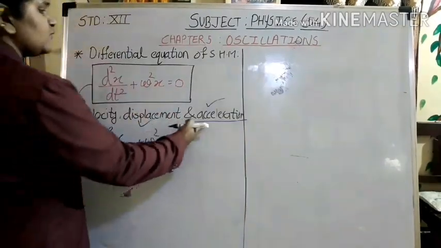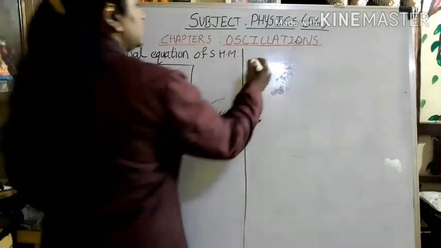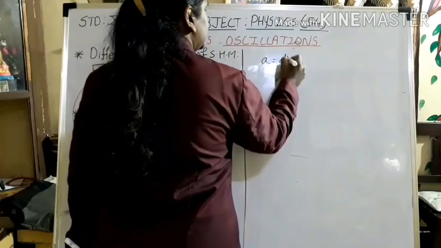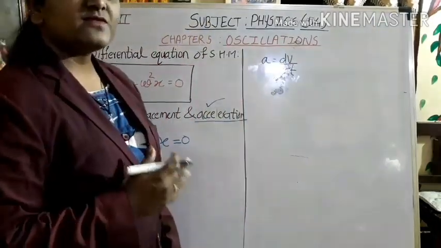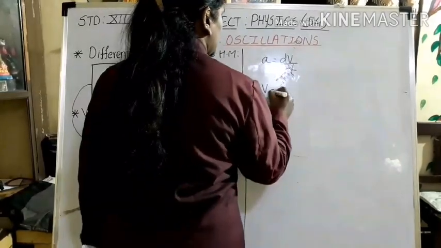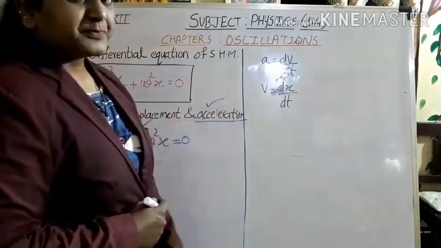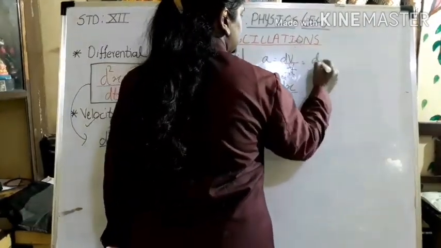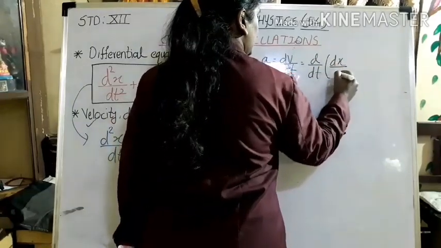Now what is acceleration? Acceleration is usually denoted by a, and it is nothing but dv upon dt. Am I right? Yes. And what is velocity? Velocity is dx upon dt. So if I put this value over here, I will get d by dt of dx upon dt.